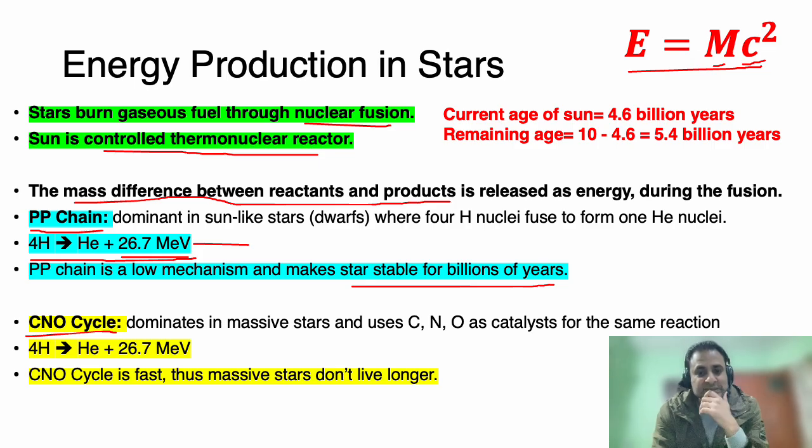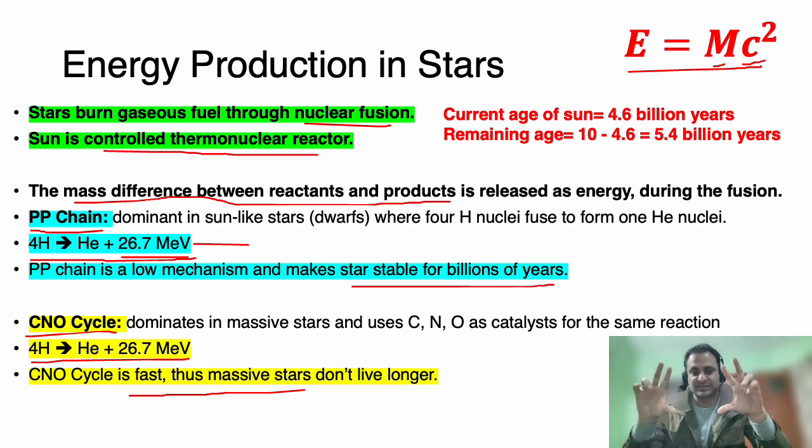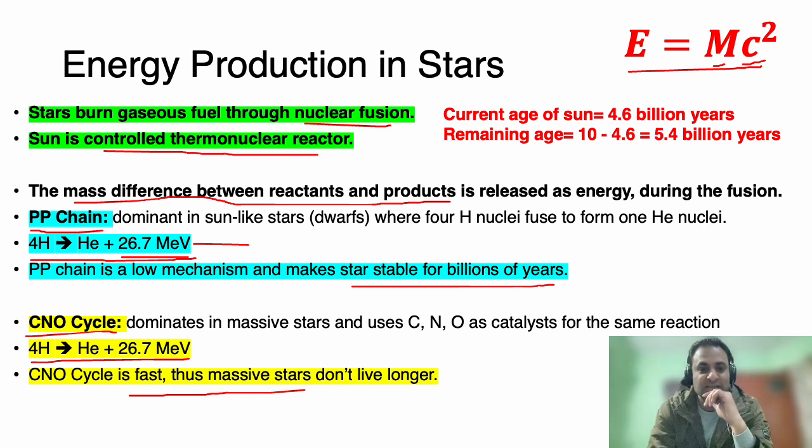They help the hydrogen fuse into helium, but they are not used up themselves. The reaction is still the same and the energy we get is still the same, but this process is very fast. Keep in mind, it only happens in massive stars, stars with more mass than the sun. So we have two competitors for the fusion: the pp chain mechanism and the CNO cycle mechanism.